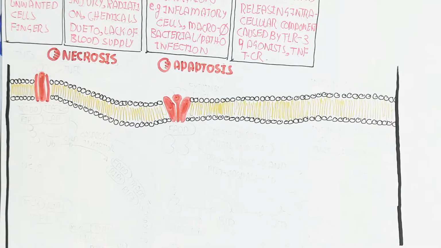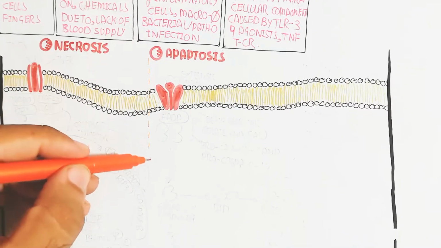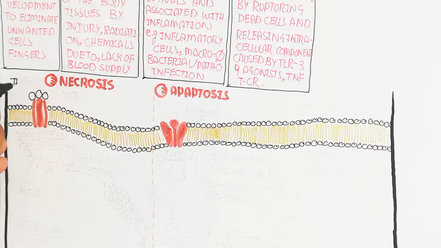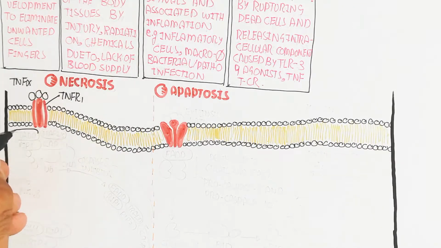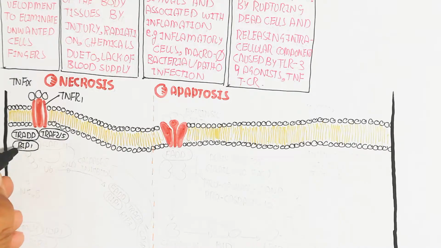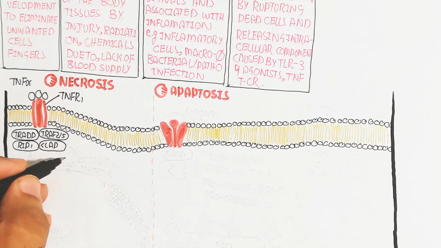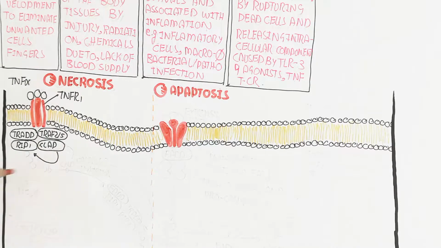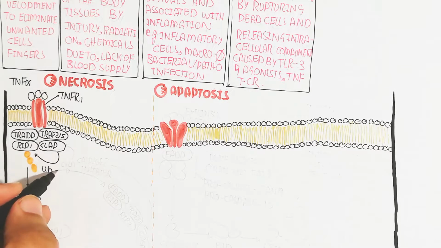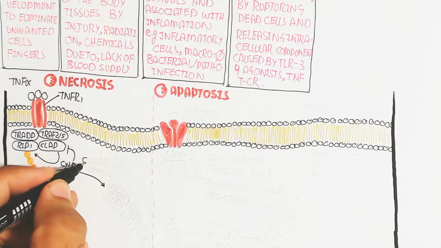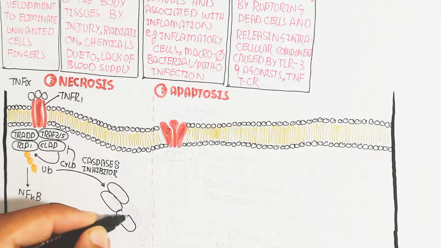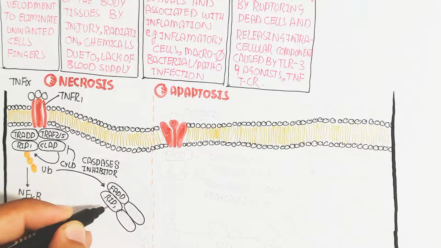For example, when tumor necrosis factor binds with a receptor, here you can see TRADD and TRAF 2 and 5 combine together for phosphorylation, which leads to recruitment of RIP1 and cIAP. This cIAP ubiquitinates RIP, and after this NF-kappa B is stimulated, leading to gene transcription and translation.